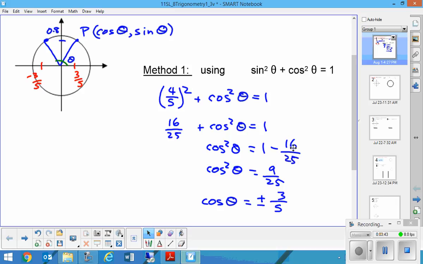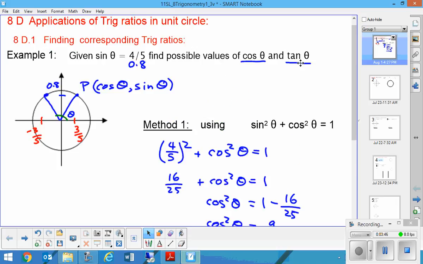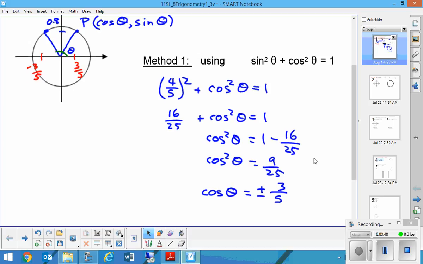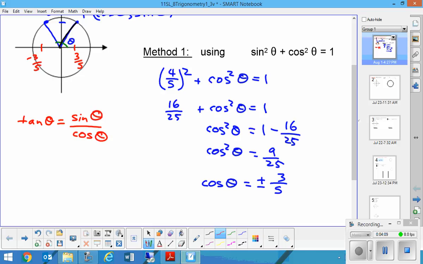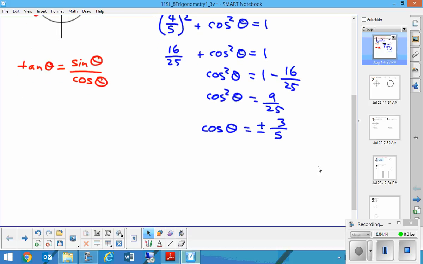If we wanted tan theta, do you remember what tan theta is? Always think of it as the gradient. In other words, what's the slope of that line? And we use the relationship that tan theta is equal to sin theta over cos theta. I might just work vertically.